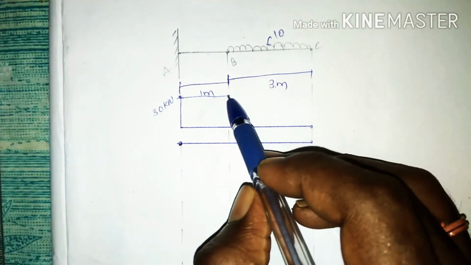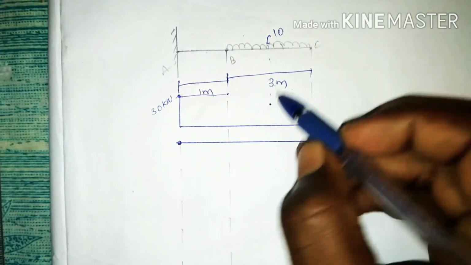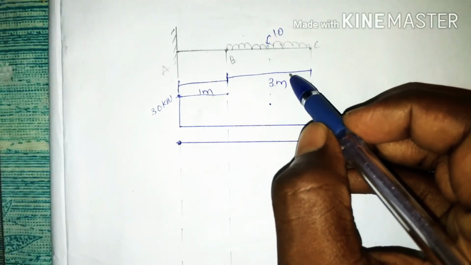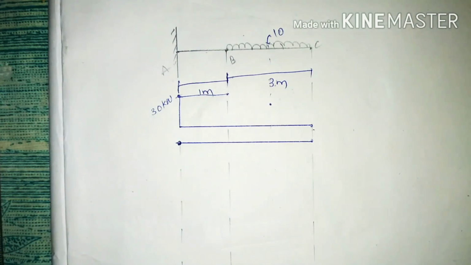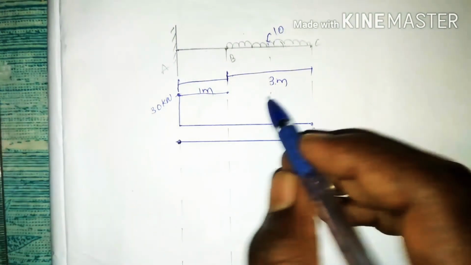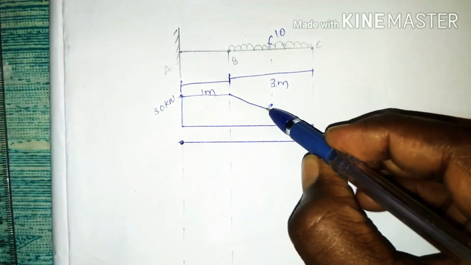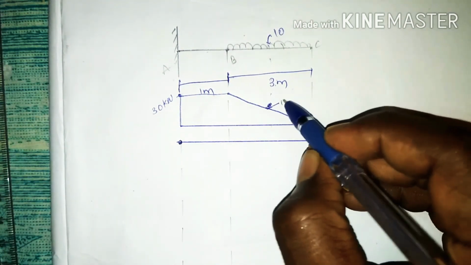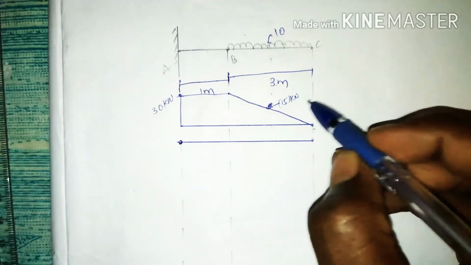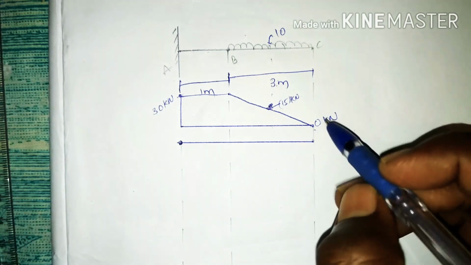Next, from B to C, at the midspan the value is 10 into 1.5, that is 15 kilonewton, so I join 15 and 0.